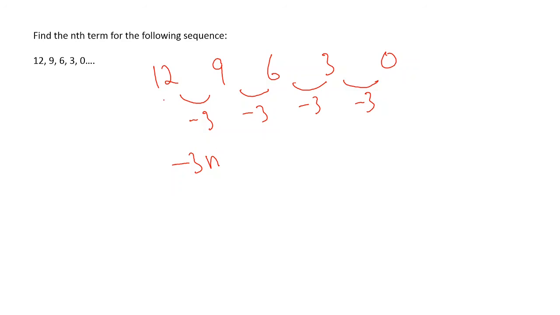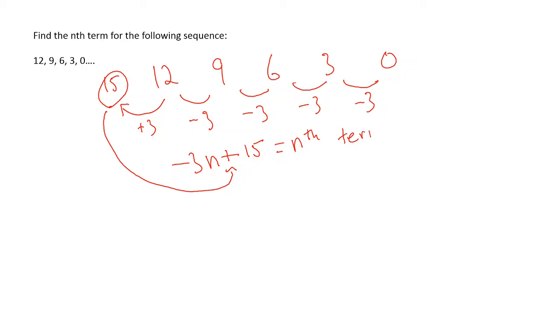Well, I do exactly the same thing. I go to the left and I say instead of minus 3, I'm adding 3. And this number here, this 15, is a positive 15, and it goes there. Minus 3n plus 15 is your nth term.